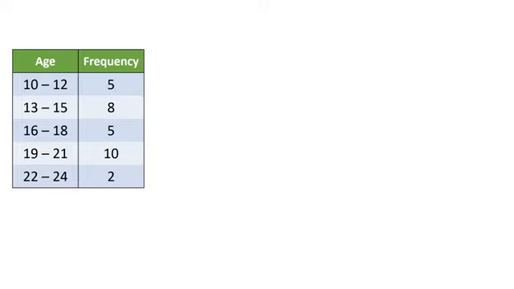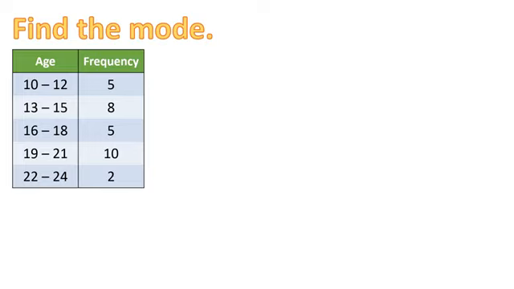So let us use the same table, but this time we're gonna find the mode of this data. So finding the mode of a group data is kind of different from the ungrouped. Finding the mode of ungrouped data is simple, just find the most repeating value.